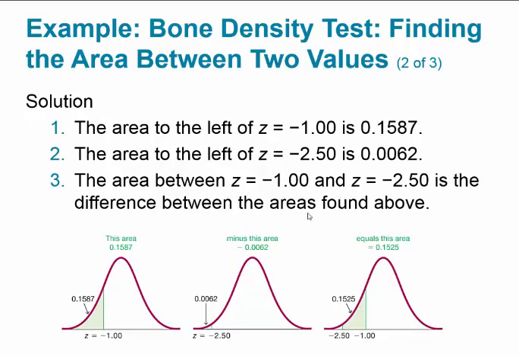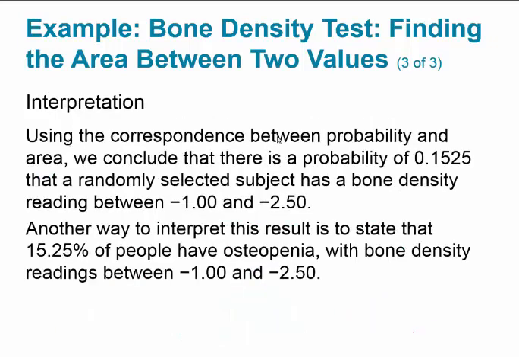If you were using the tables, we would find the area to the left of -1, the area to the left of -2.5, and then the difference between these two would be our answer, which is this region right here that's shaded. Again, there's a relationship between probability and area, so we conclude that the probability that someone has bone density between -1 and -2.5 is about 15.2%.